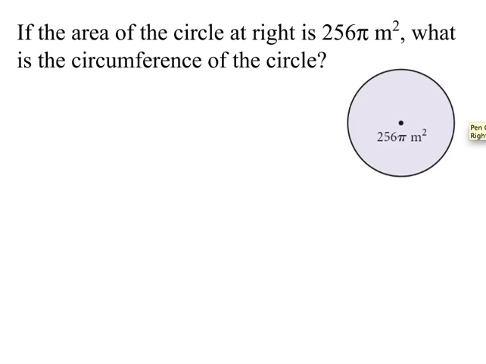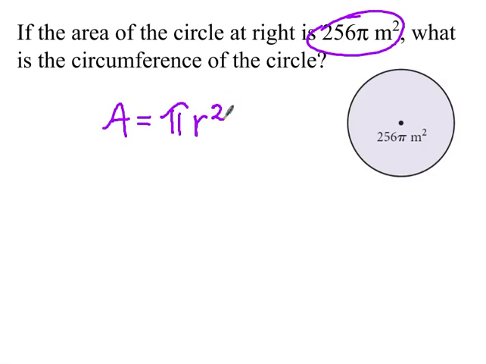If the area of the circle at right is 256 pi meters squared, what is the circumference? Okay, so let's think. They tell me area, right? The area formula I know is pi r squared.